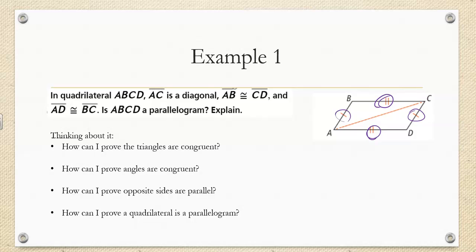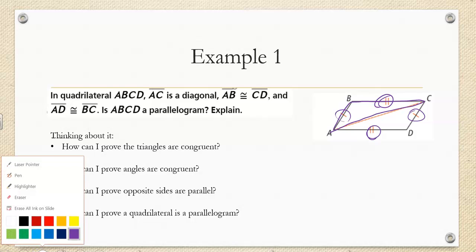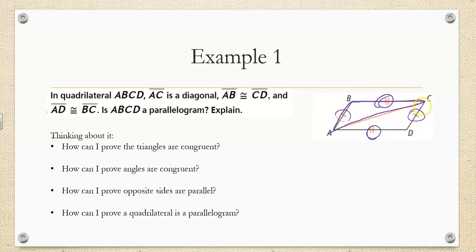Well, by the definition of a parallelogram, we have to prove that the opposite sides are parallel. I'm going to start by looking at the triangles. Can I prove that triangle ABC is congruent to triangle CDA?